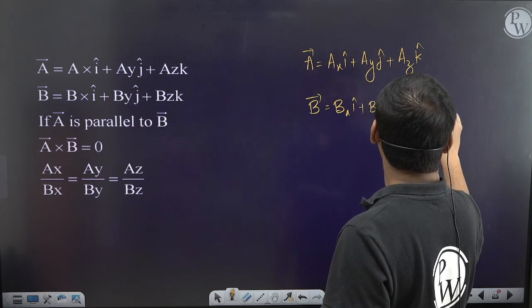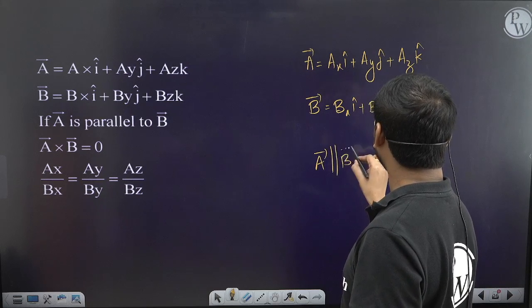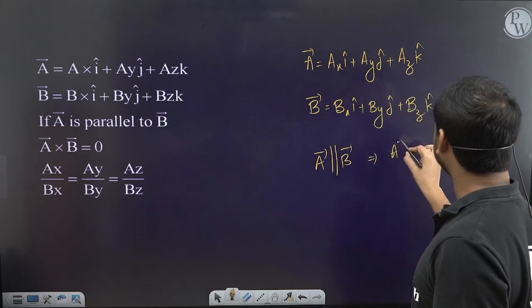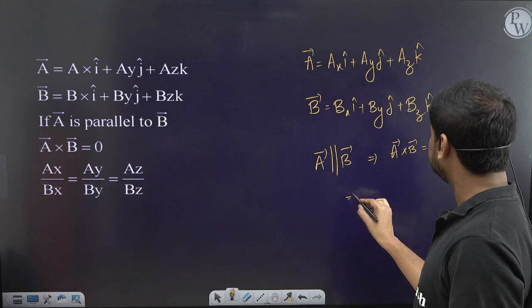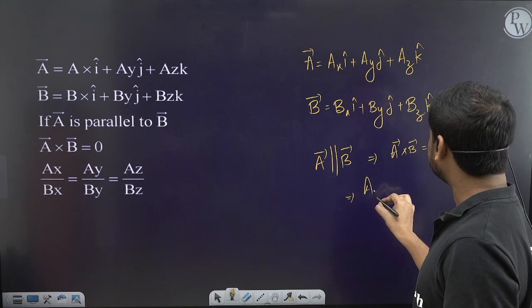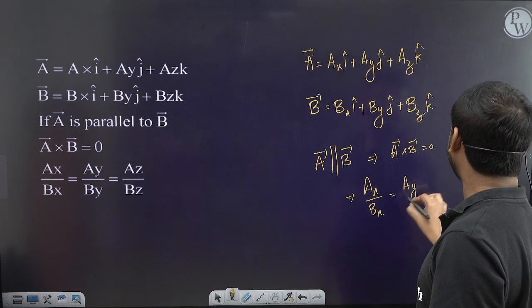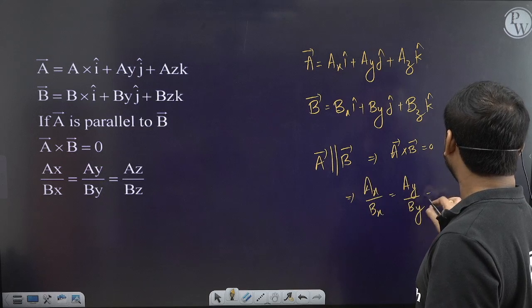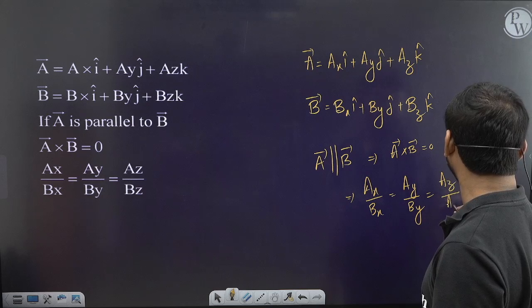So these two vectors are parallel, so their cross product is 0. We know that A cross B will be equal to 0. So then you can simply write that their x components, AX by BX is equal to AY by BY is equal to AZ by BZ.